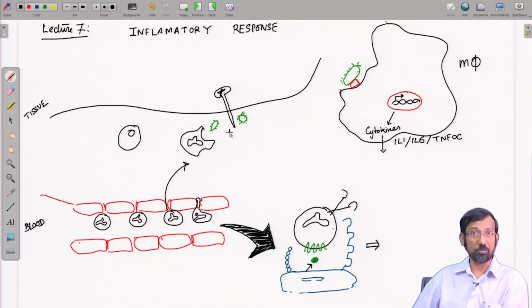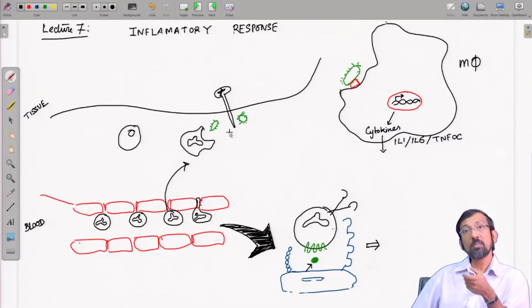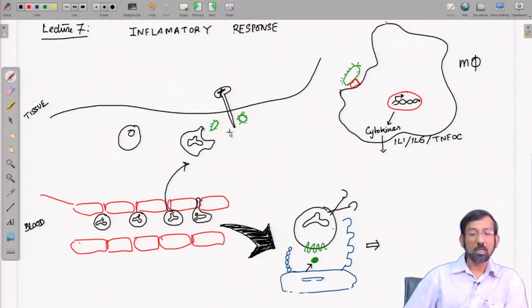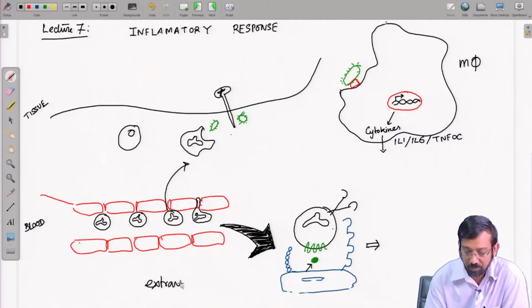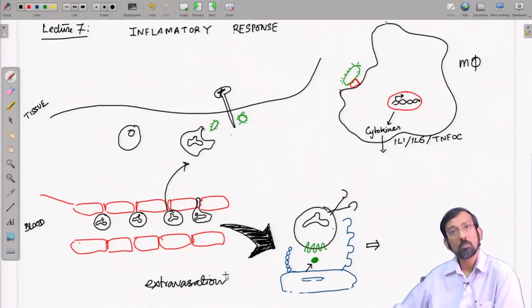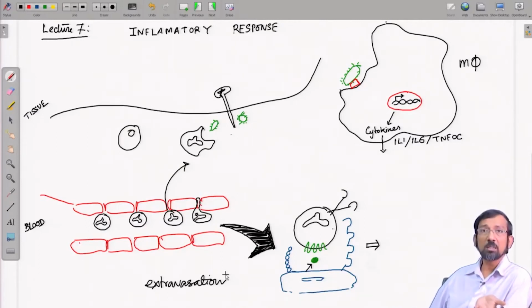This migration of the neutrophils to the site of action is also a part of the inflammatory response, and the process is sometimes known as extravasation, because they cross the blood vessels.